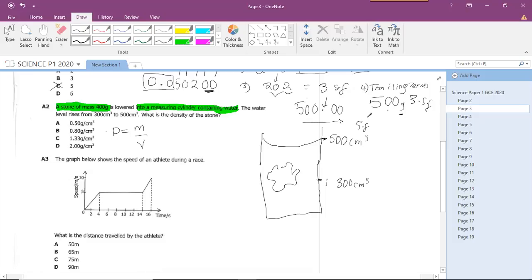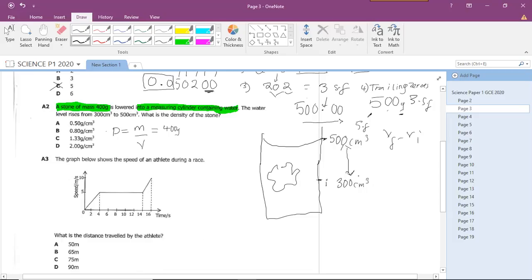So a good student would say, all right, density is equivalent to mass over volume. I do have the mass, which is 400 grams. What of the volume? The volume will be equal to the water displaced. How do we find that? We say volume final minus volume initial. So we have to measure the water difference here. Before the stone was put, it was 300 cubic centimeters.